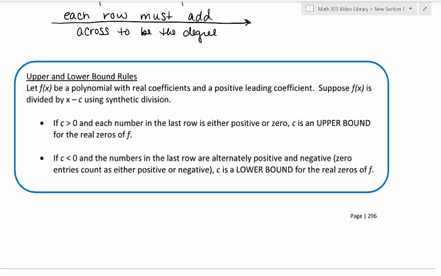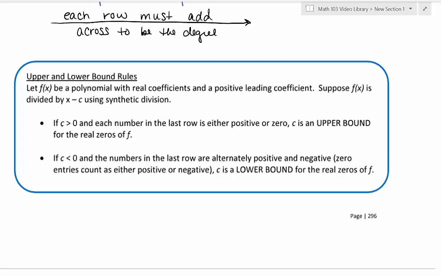So basically, if the zero you're testing is positive, and after you do the synthetic division, all the numbers on the bottom row are either positive numbers or 0, even if you did get a remainder of 0, that means the zero you're testing is an upper bound. Therefore, the next number you check should be lower than that number.